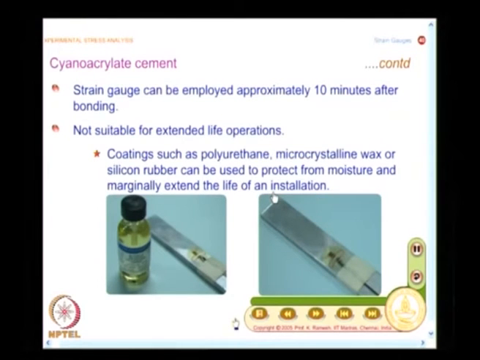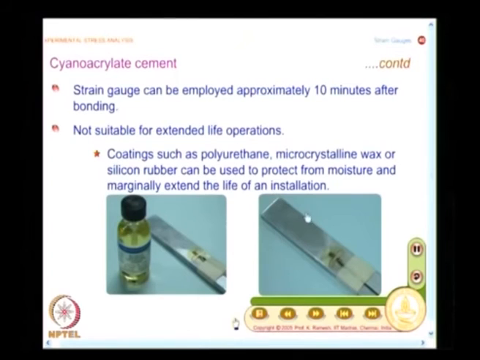See, the moisture has a very negative effect on strain gauge installation. You need to protect your strain gauge installation from the moisture, whatever humidity is available can affect the strain gauge installation. So, you need to protect it, only then the measurements will be reliable.